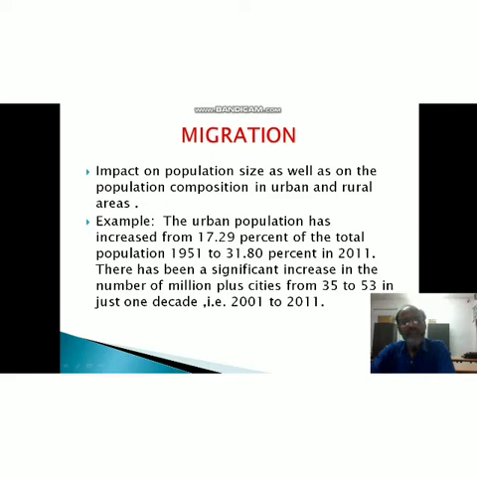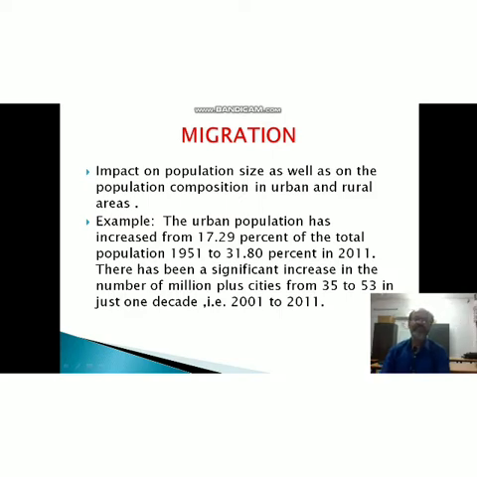One example: the urban population has increased from 17.29% of the total population in 1951 to 31.80% in 2011.